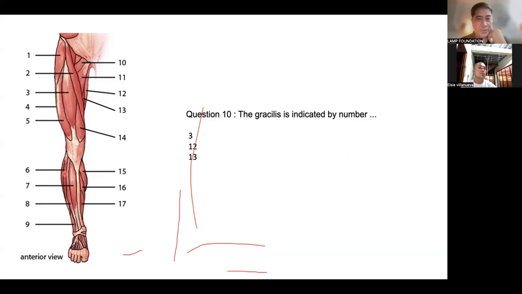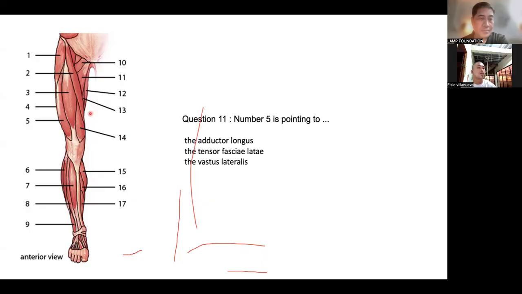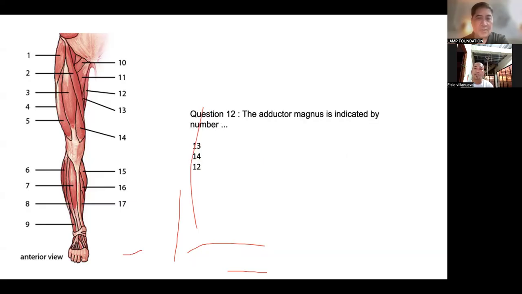Gracilis is what number? 12. Ito pala yung adductor magnus, 13. Sorry, 12 yung gracilis. Number 5 is vastus lateralis. This one is gracilis. Sorry for that.